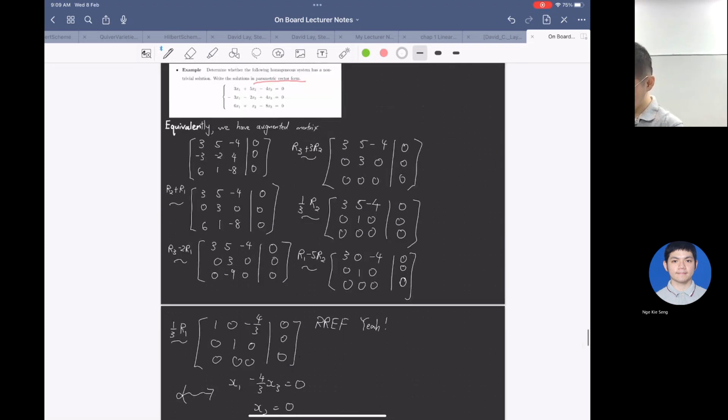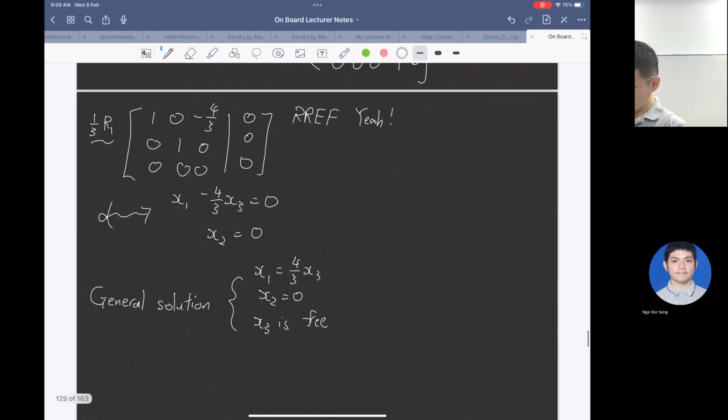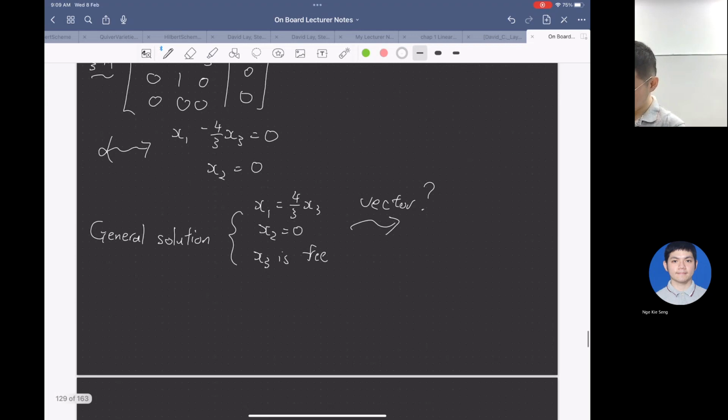But this question asks for the parametric vector form, so how do we turn this into a vector? The vector they are looking for is x made up of x1, x2, and x3.